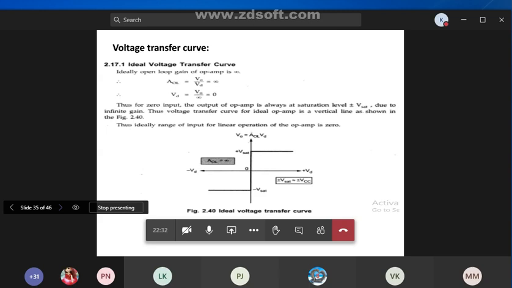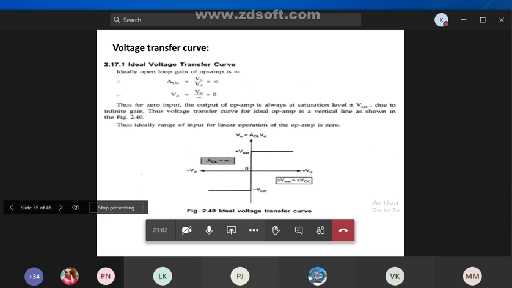And this one is voltage transfer curve. This is the ideal voltage transfer curve. Here for 0 input, the output of op amp is always at saturation levels, that is at plus Vsat or minus Vsat. So the output changes between 2 levels, plus Vsat or minus Vsat, or plus VCC or minus VCC, right? Due to infinite gain, the output changes between these two levels.